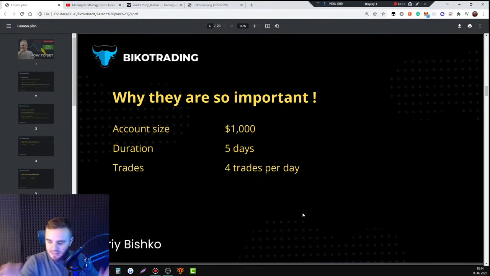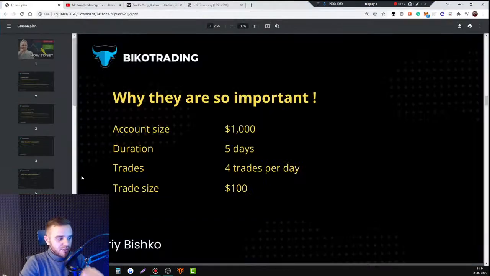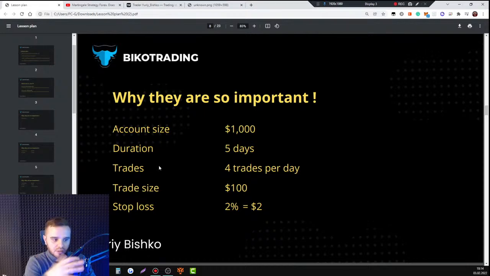You are making 4 trades per day, my friend, with an average position size of $100 and a stop loss size of 2%, which is $2. Why is this example so important? Because after this example you will understand the concept of risk management and how you can make money with a very small percentage of winning trades.